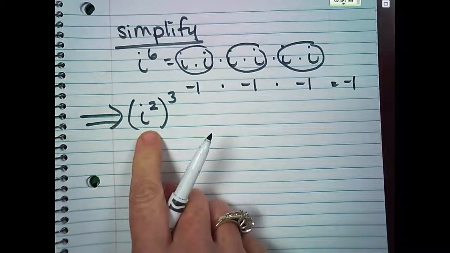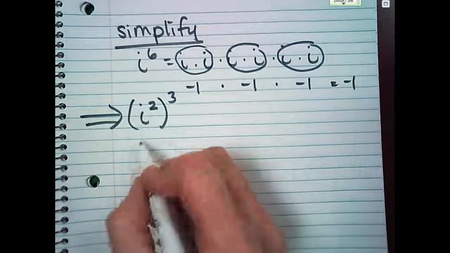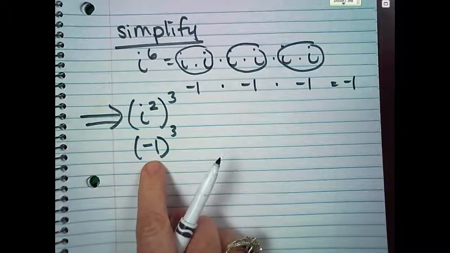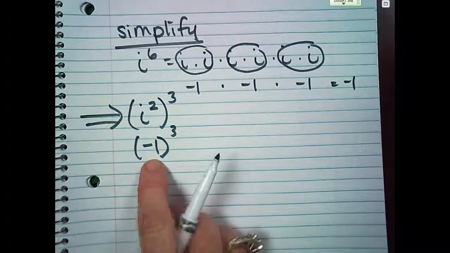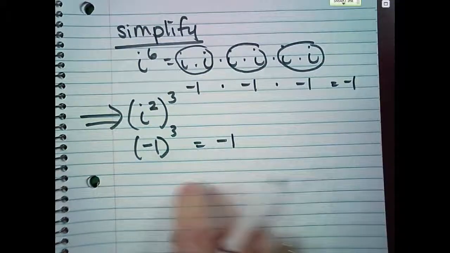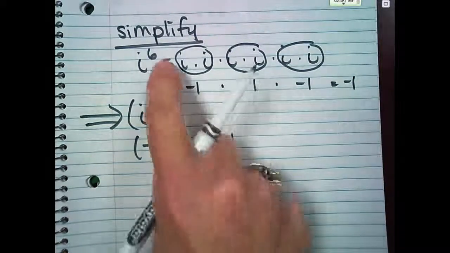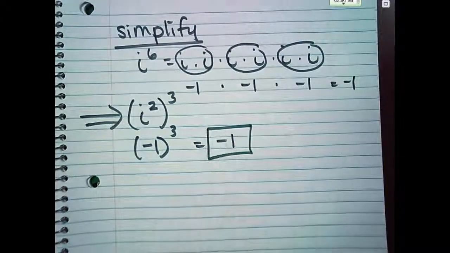I've got i squared and I know there's 3 of them. What's the value of an i squared? Negative 1. So if I have 3 groups of negatives, is my answer positive or negative? Negative. Did I have any i's left over? 3 groups of 2 makes how many i's? 6. No i's left over, so my answer was just -1.